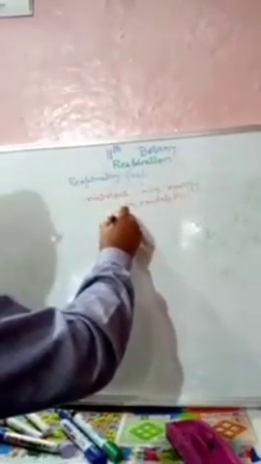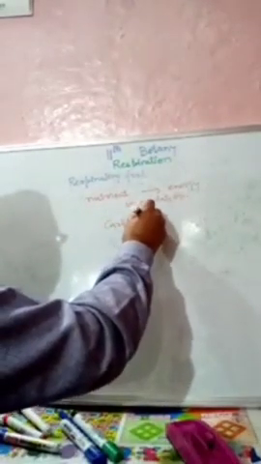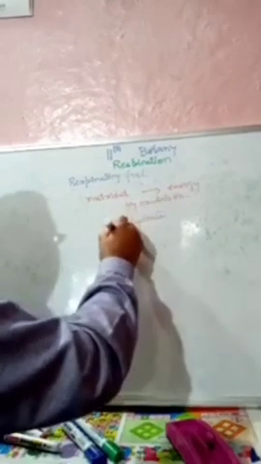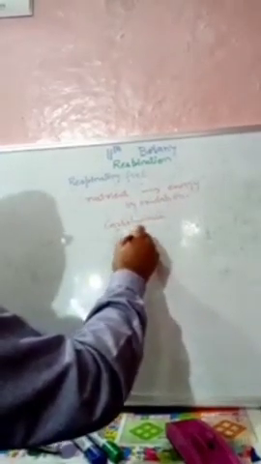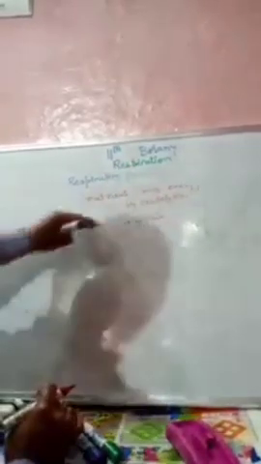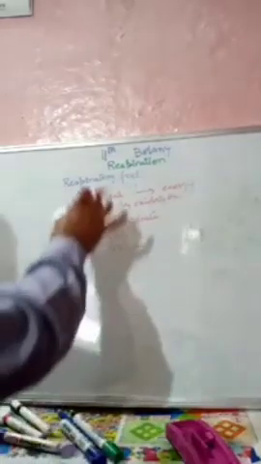Now we take different types of foods. We take carbohydrates, we take fats, we take proteins. All of these can be taken as respiratory fuel. But the main respiratory fuel is carbohydrate.